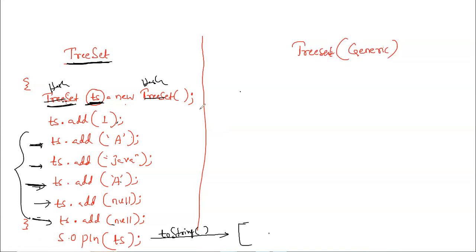The generic approach is the same TreeSet object only if we create the object with this syntax. If we are using a TreeSet, then the left angular or less than symbol, and I am mentioning this as Integer kind.